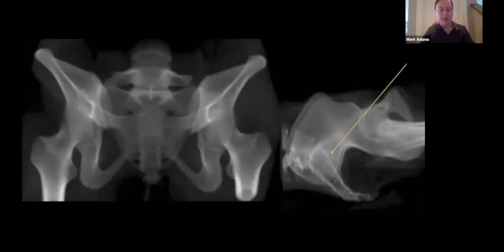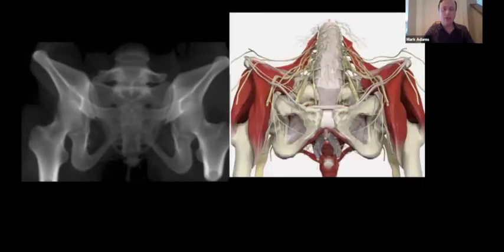The outlet view is an AP of the sacrum, seeing it en face. As such, the foramina are well visualized and circular in appearance. Many of the same characteristics of a well-centered AP pelvis are also applied to the outlet. Let's notice the intimate relationship between the L5 nerve root and the sacral ala.